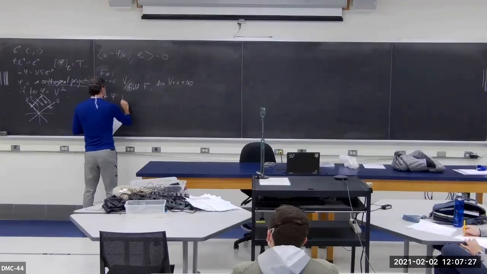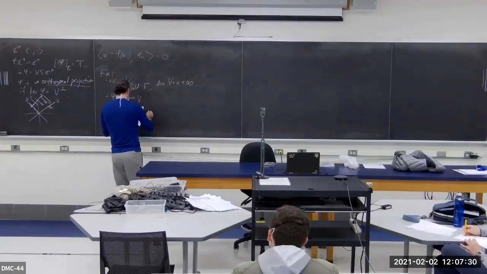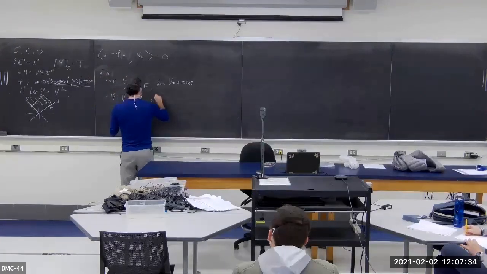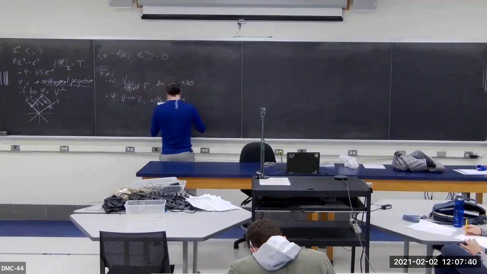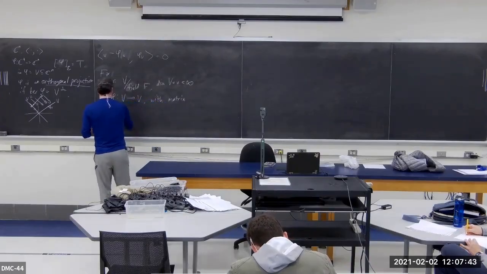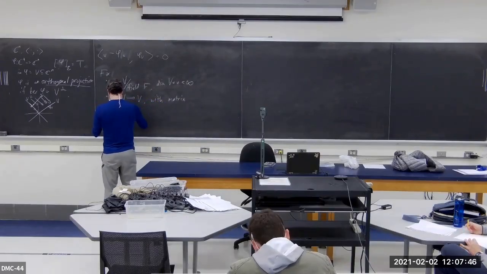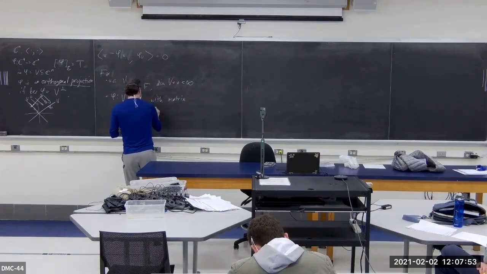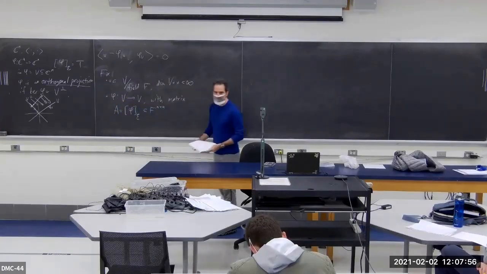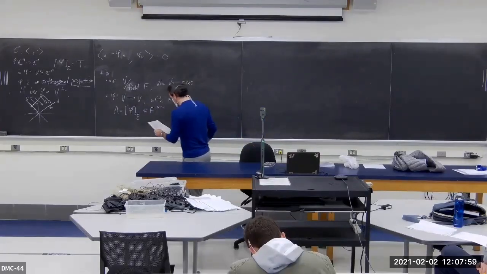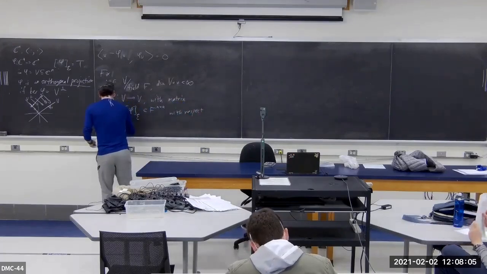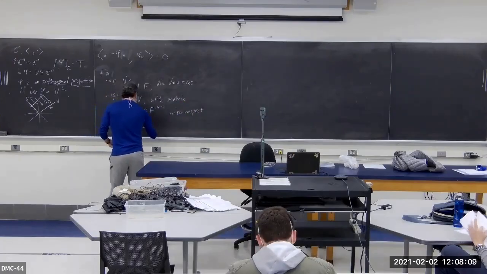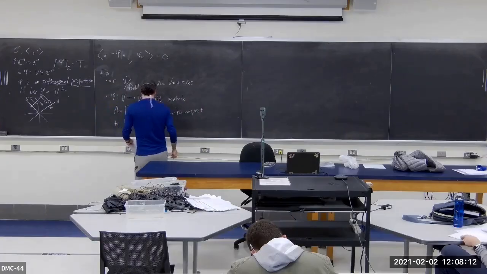I'm going to have a linear transformation phi from V to itself, and it has a matrix A, which is going to be phi with respect to some basis E. That's going to be an n by n matrix with entries in the field F with respect to a basis E, which is going to be E1 up through En.